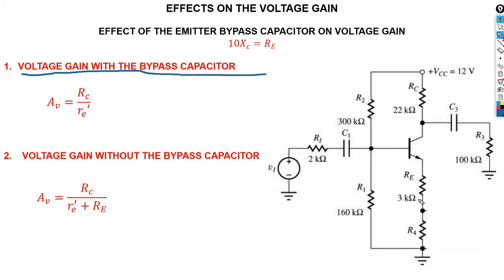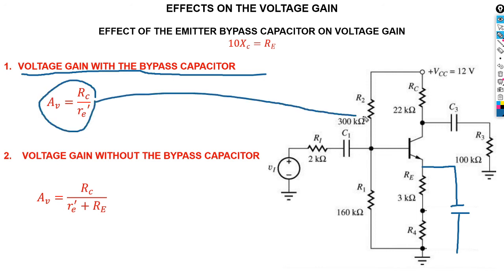Okay, so you can see that when you have a bypass here, the voltage gain, how do you calculate it? You're going to calculate it like this, because you can see that here the current will flow through. It's already bypassed. This is not part of the circuit.